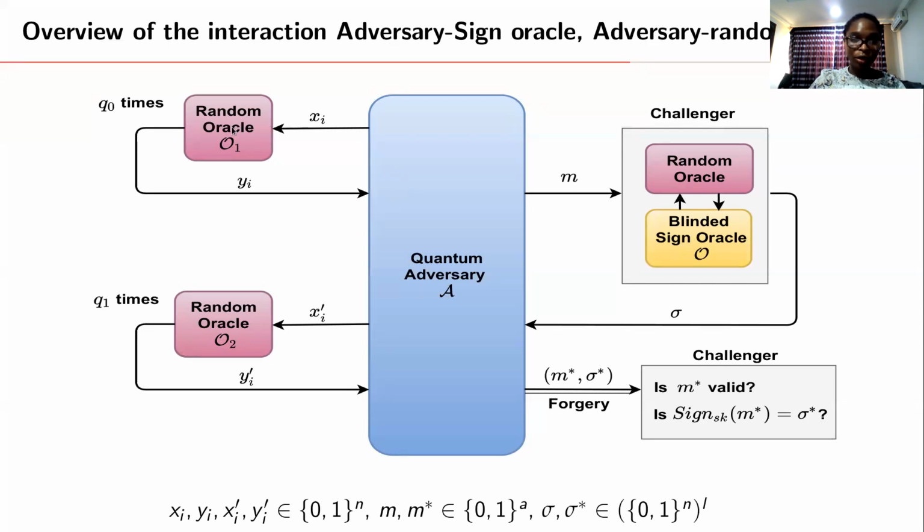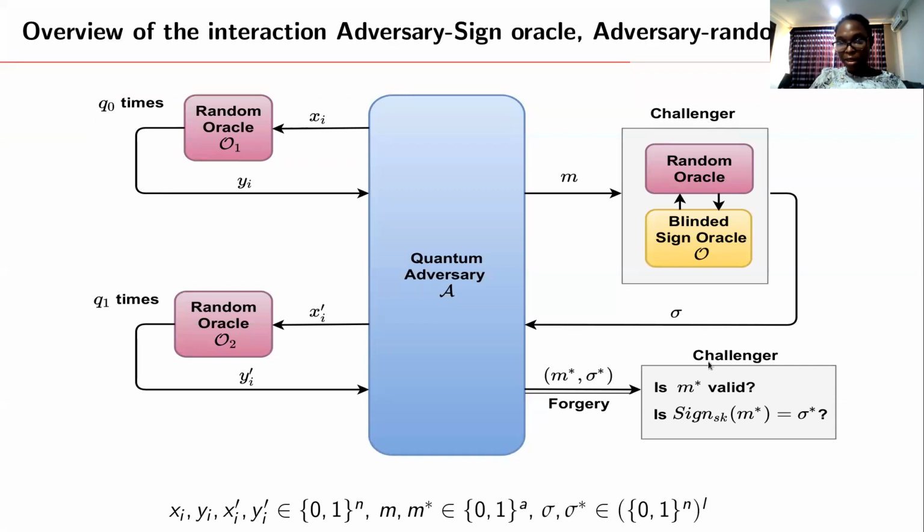So he can query the random oracle, learn some information, query the sign oracle at most once, get the signature, learn some information, and also query the random oracle again a polynomial number of times, as many times as he wants, and then use all that information to learn something about the hash chain and get the classical forgery message and signature.